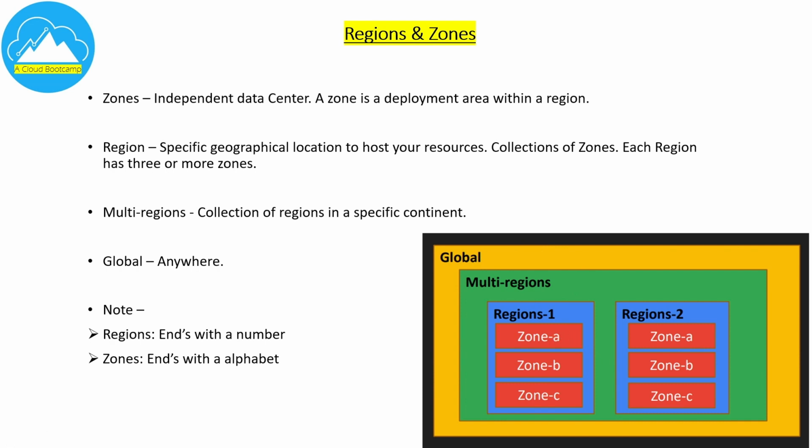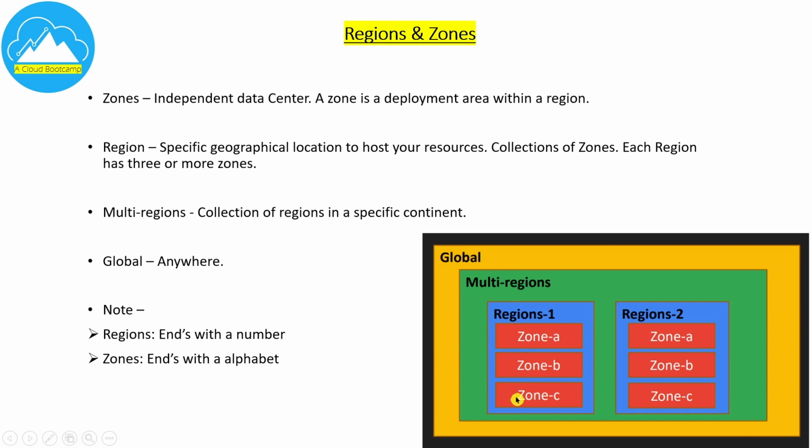What do we mean by zone? A zone is nothing but a kind of data center, which is a deployment area within a region. So you can consider a zone like a data center. If you look at this snapshot, it is a collection of data centers.